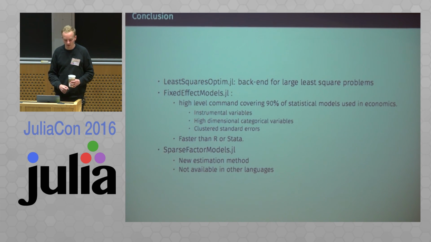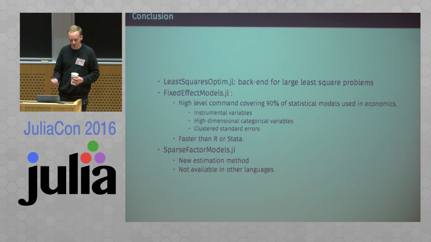Clustered standard errors, and so really it's the bread and butter of applied research in economics. So hopefully it will allow other economics students to do their work in Julia. It's also faster than R or Stata, but that's not that important. It's just speed.